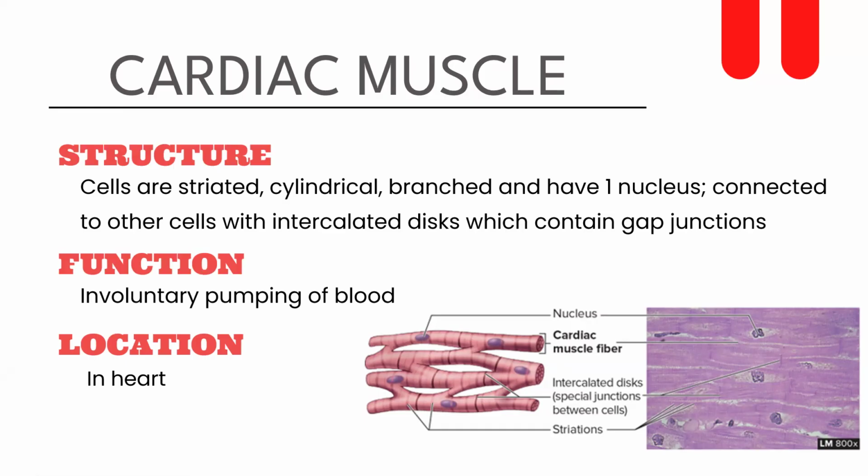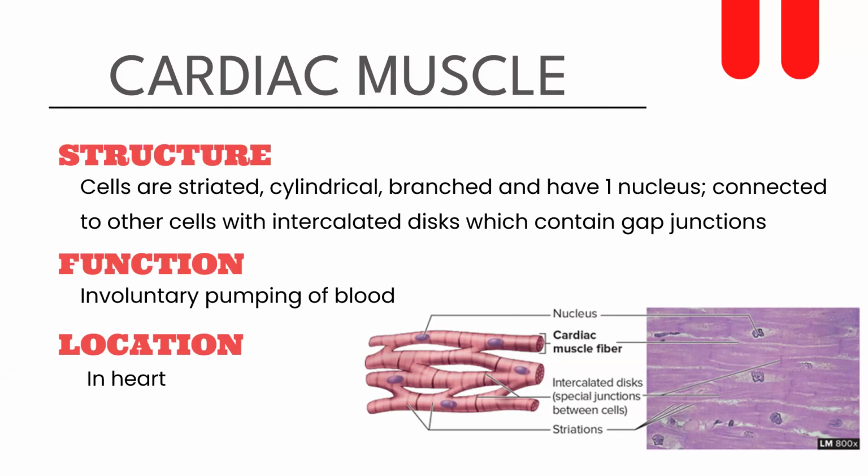And so both branches and intercalated discs are very important for cardiac muscle because our heart has a very specific rhythm. And your heartbeat goes lub dub, lub dub. And that's because all the cells in our atria are beating as one, and then all the muscle fibers in our ventricles are beating as one. And having those branches and intercalated discs help all of our muscle fibers stay on the same page.